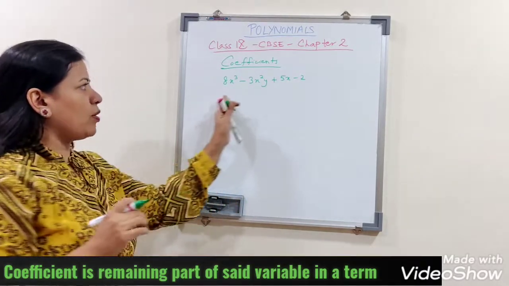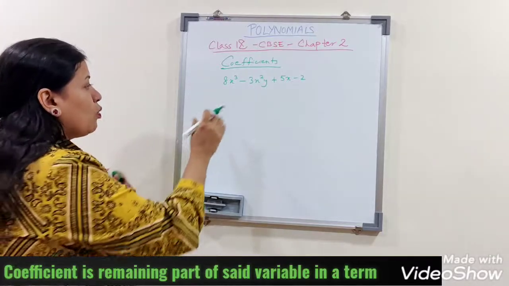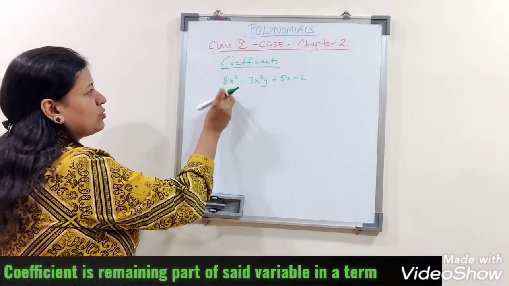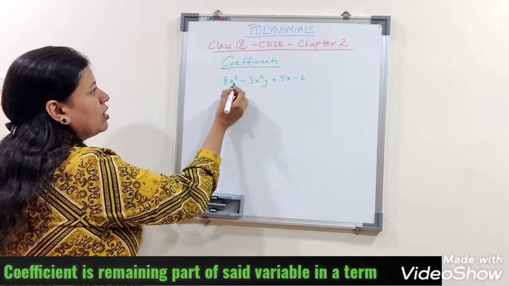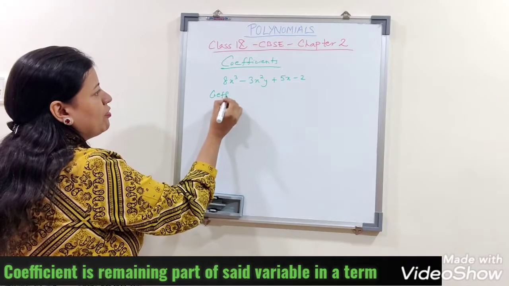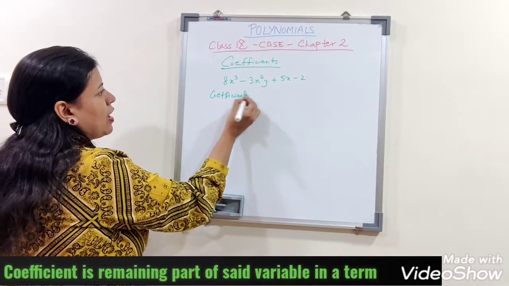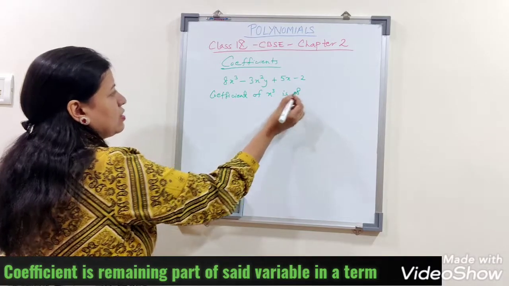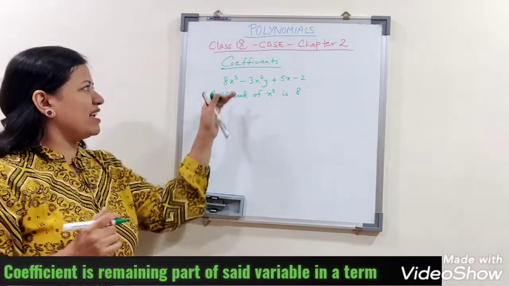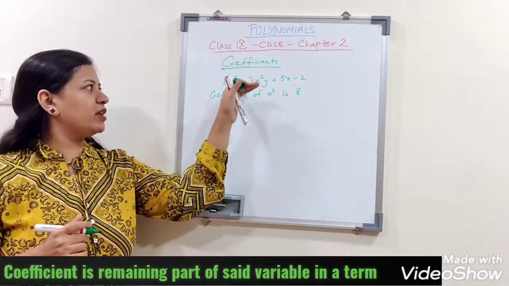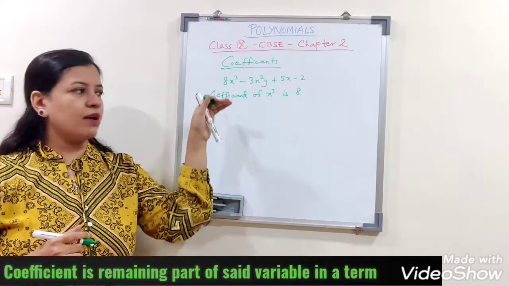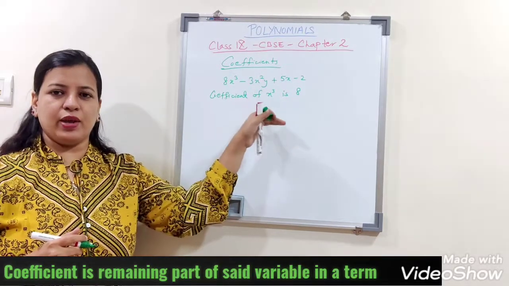Now this is a polynomial, right? Now what are coefficients? We have to look at each of the terms and see. Now here the coefficient of x cube is 8. So coefficient means leaving that variable, the remaining part in that term becomes the coefficient of that variable.